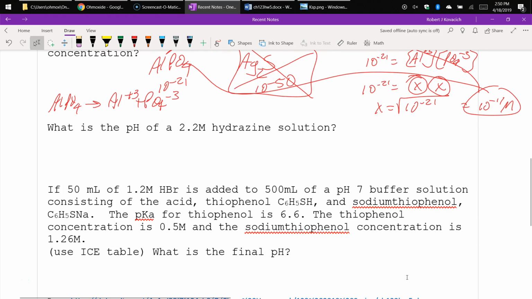Okay, how do we figure this one out? What do you need to know about this problem? Kb. Yeah, I need to know what the Kb of N2H4, this hydrazine, is.